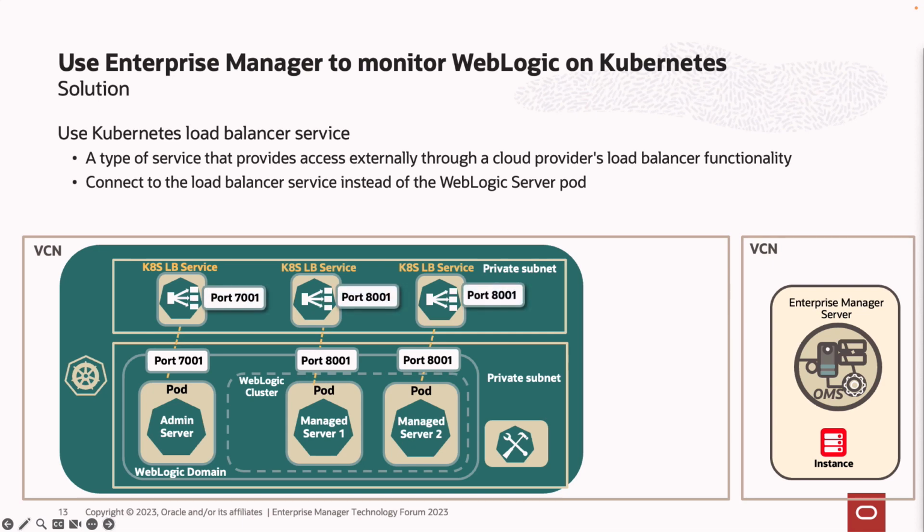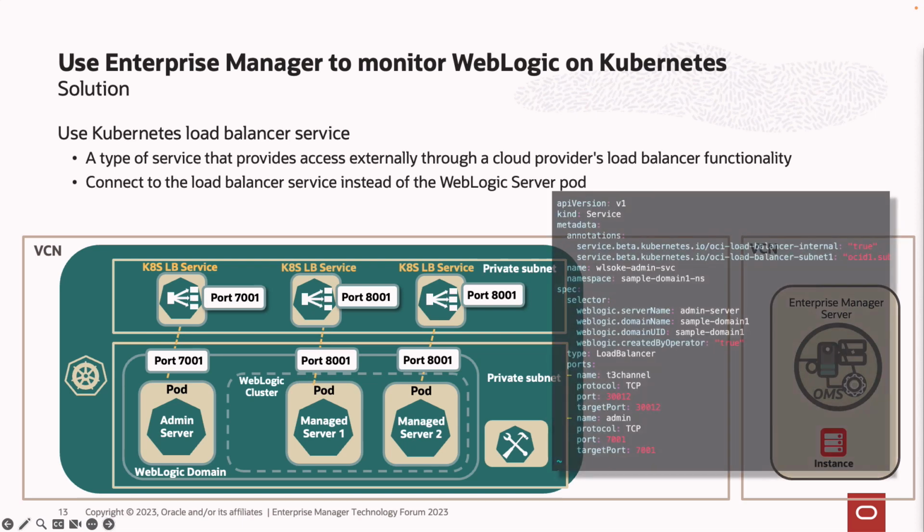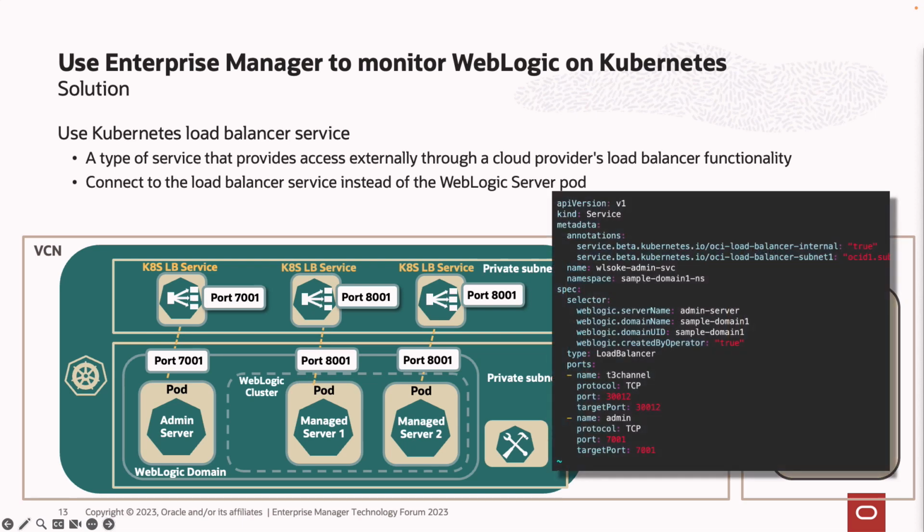And you will specify a port in each load balancer service that EM agent can access. In this example, the port numbers are the same with those of the WebLogic servers. And this can be done by creating and applying a YAML file. In the port section, 7001 is specified for the port and the target port to connect to the admin server.